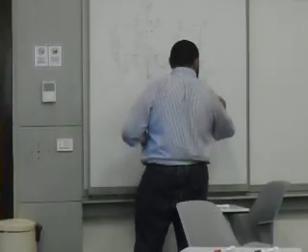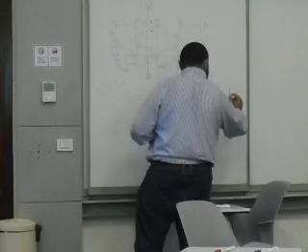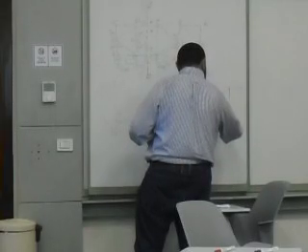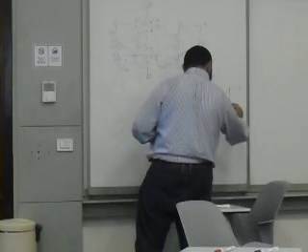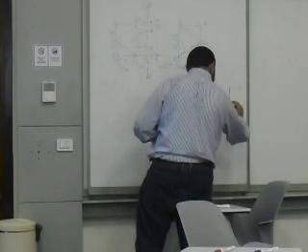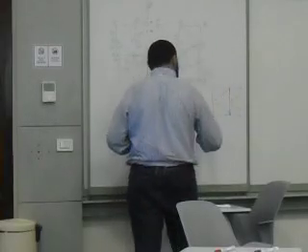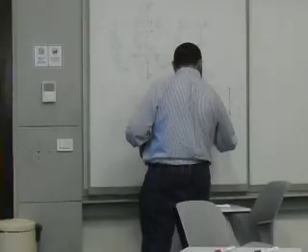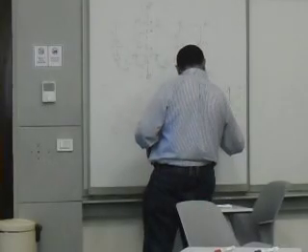Because section 2 includes these two members. Then that's the 20, that's the 30.